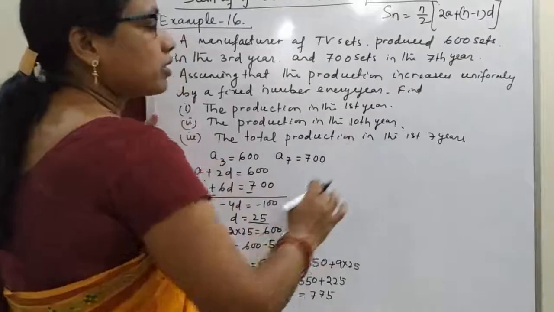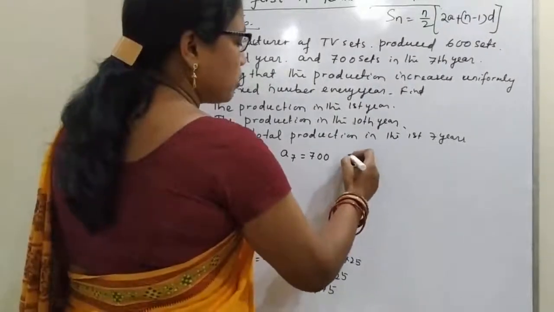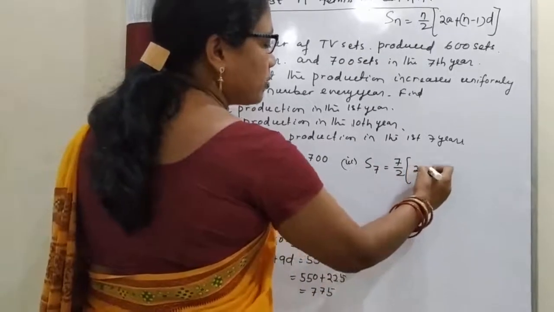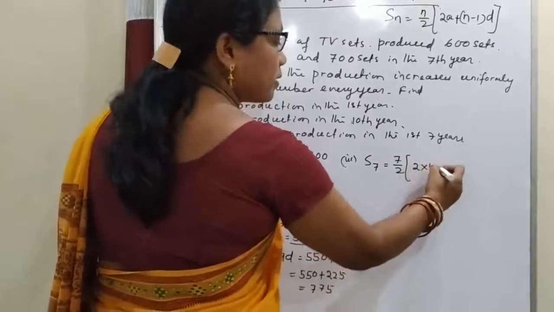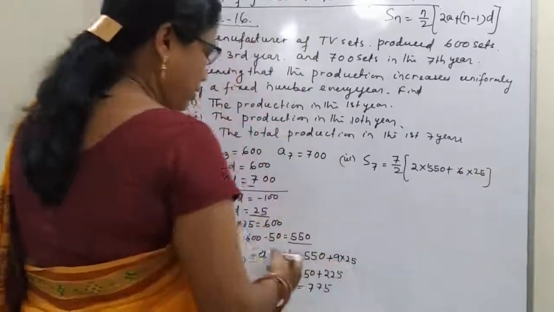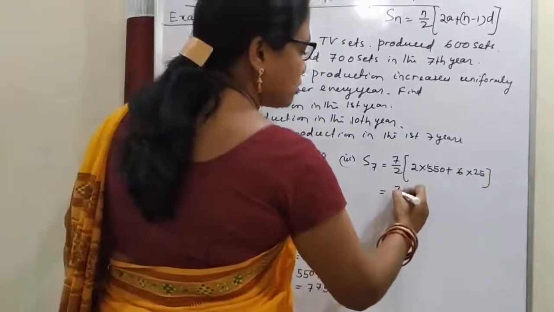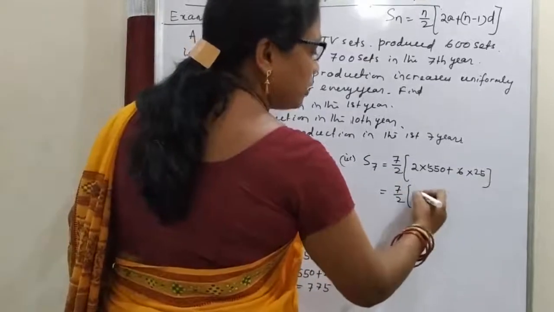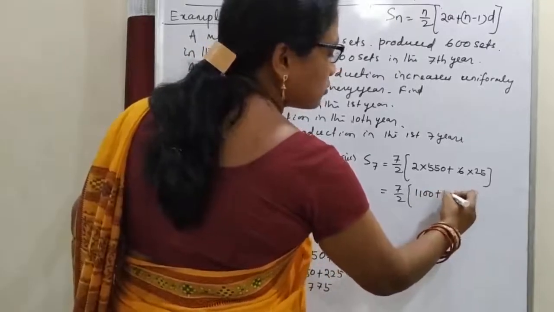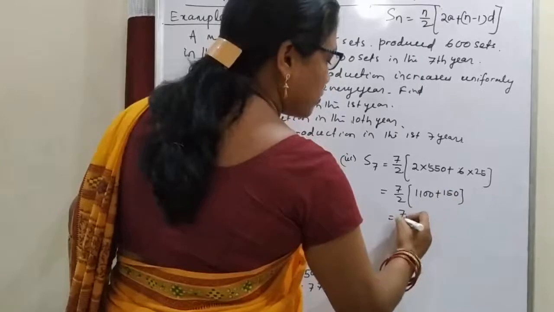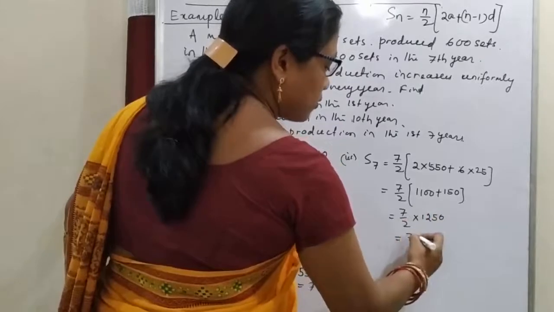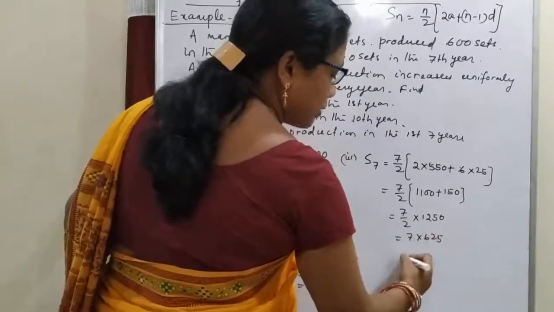The total production in the first 7 years. That means we have to find S7. So this is equal to 7 by 2 multiplied with 2 into A, our 550, plus n minus 1, 6 multiplied with 25, is our D. So this is equal to 7 by 2 multiplied with, this is 1100 plus 150, so this is equal to 7 by 2 multiplied with 1250. 7 into 625.